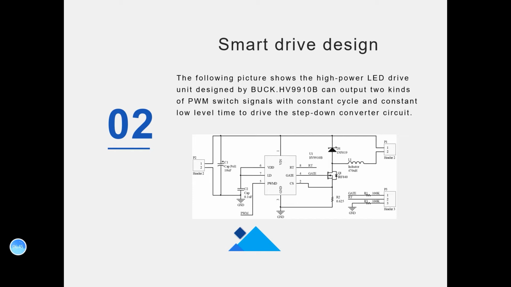The other end is earthed and the other is connected to pin 4, which gives the switch signal with constant low level time. By introducing a jumper into the circuit, the system can switch between these two switch signals, ensuring the stability of driving multiple high-power LEDs.